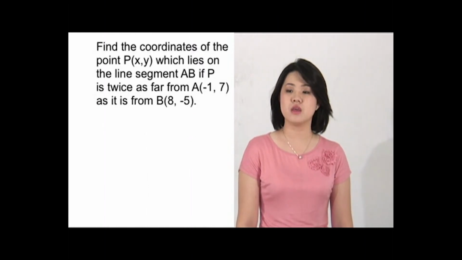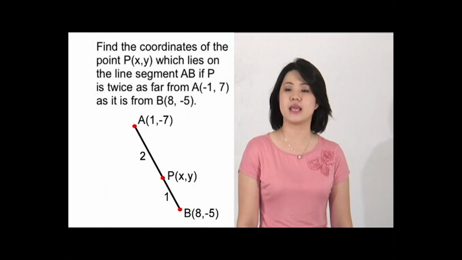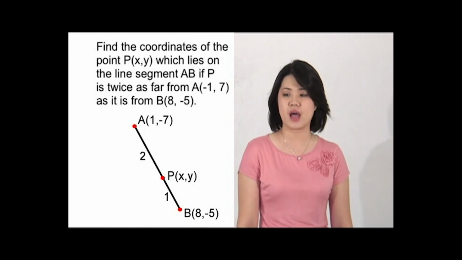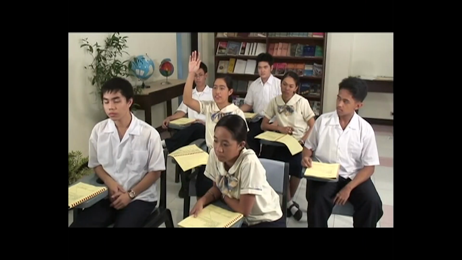Now let's use this formula for this problem. Find the coordinates of the point P, which lies on the line segment AB, if P is twice as far from A with coordinates (-1, 7) as it is from B with coordinates (8, -5). Can I try it?